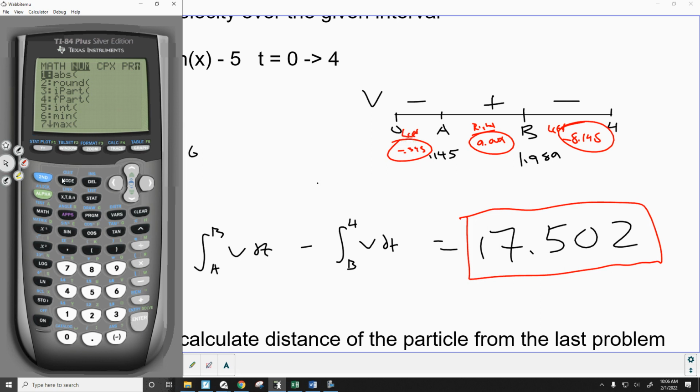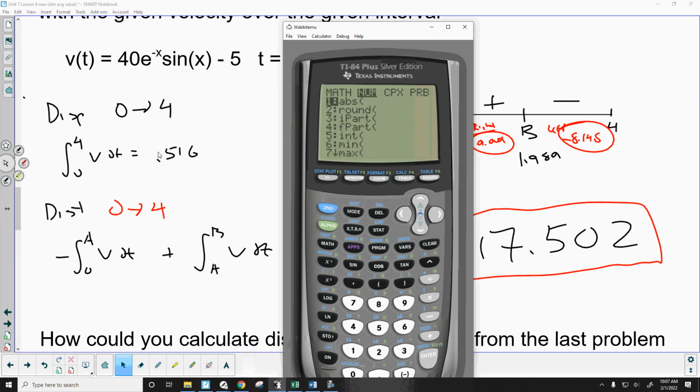Now, what's important is that the abs are going inside your accumulation, not outside. Because if you take it outside, it's just going to make this 0.516 number, and if it was negative, it would turn it into a positive. So it's got to go in the inside so that we're accumulating speed times time. Now, you're going to notice something.